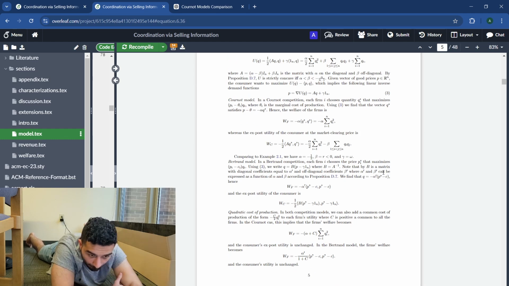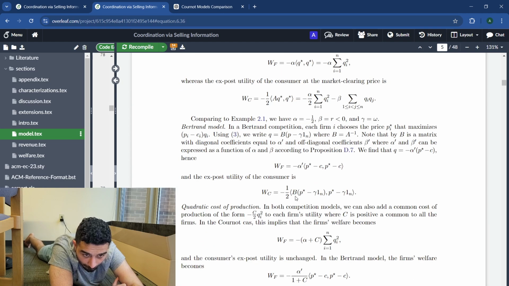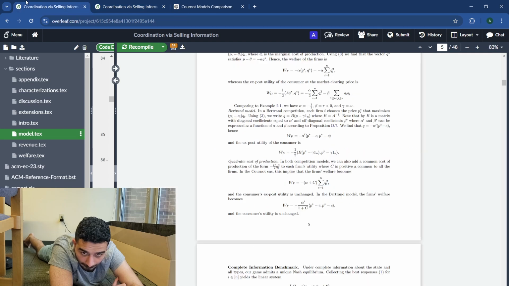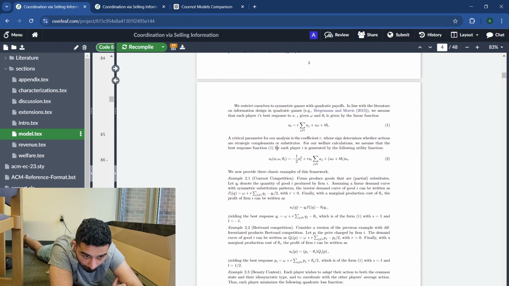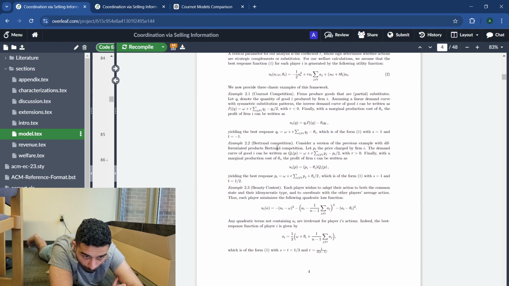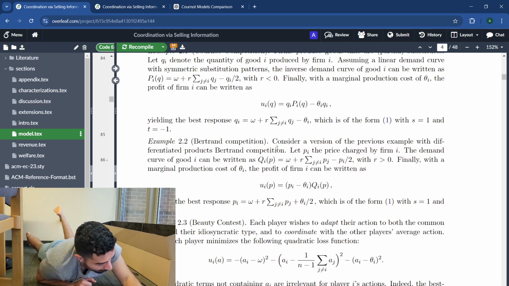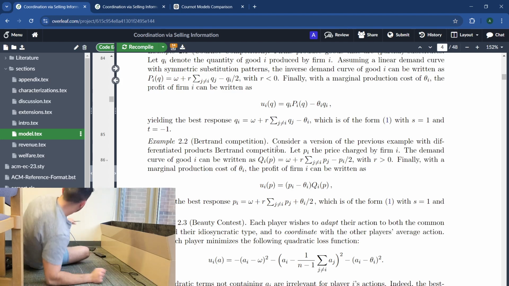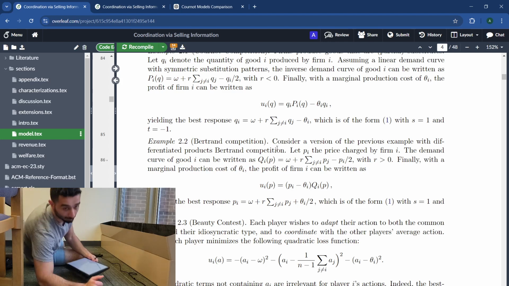This is the model, and this is the example. That's the example that we want to start with.